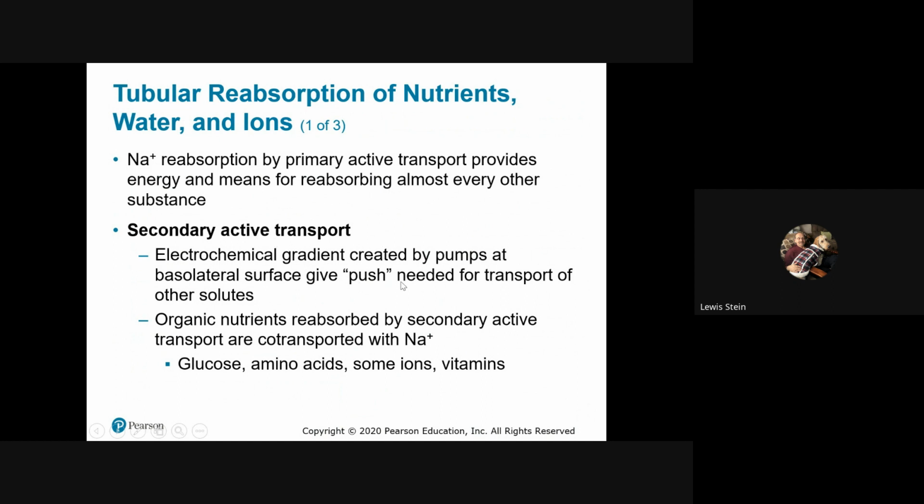The push, good word to describe it, for the transport of other things. Sugar, amino acids, these are all stuff we want to retain. Not everything, certainly, but you're going to see what they're going to talk shortly about something called transport mechanisms, and it is an enormous player in diabetic problems.